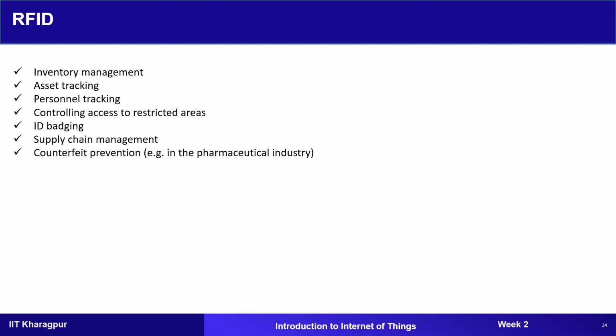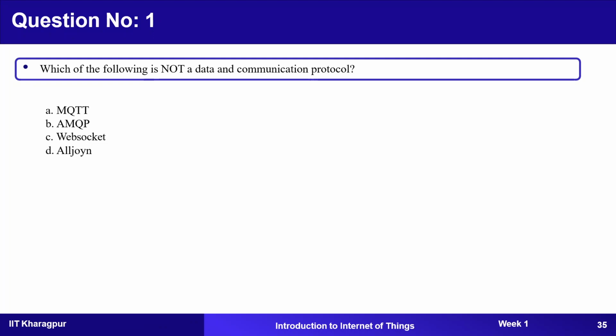Now the questions. So first question is, which of the following is not a data and communication protocol? Options are MQTT, AMQP, WebSocket, LON. Anyone? This thing I have just mentioned, that different kinds of data and communication protocol.